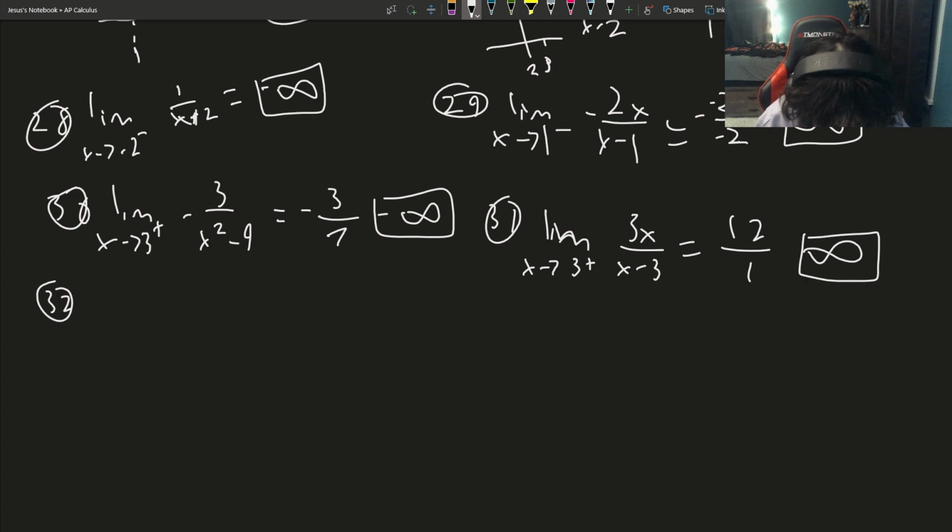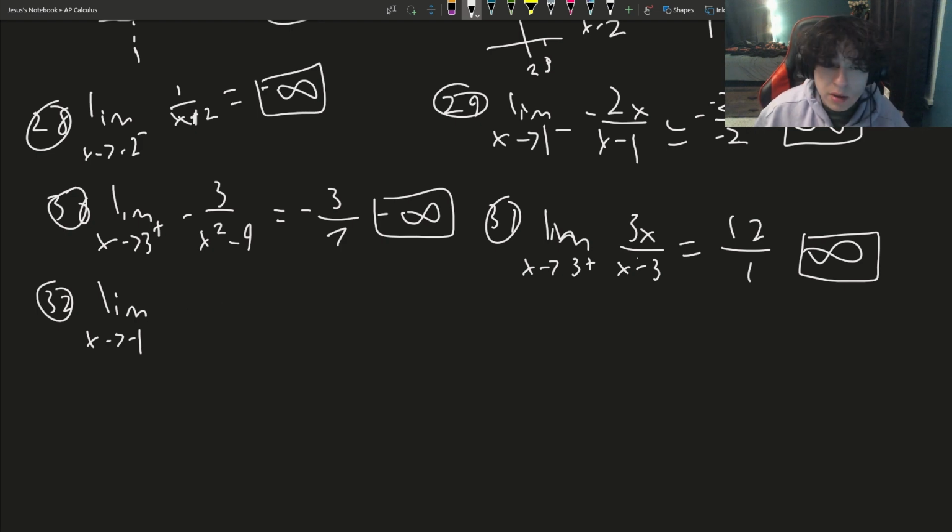32, this is the last infinity sign analysis question. Negative 1 from the left of x minus 1 over, oh my god, I keep doing this.